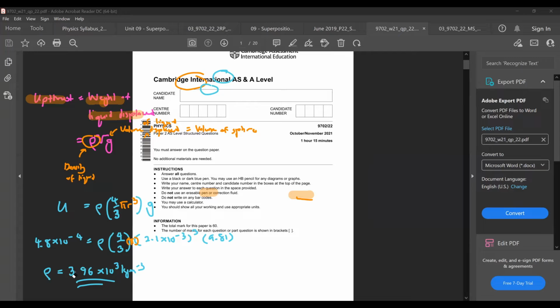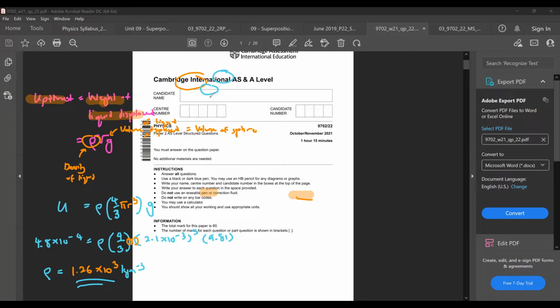So if you put this in, 4.8 times 10 power minus 4 times 3, divided by 4, divided by pi, divided by 2.1 times 10 power minus 3 cubed, divided by 9.81, you're going to get 1.26 times 10 power 3 kg per meter cube.